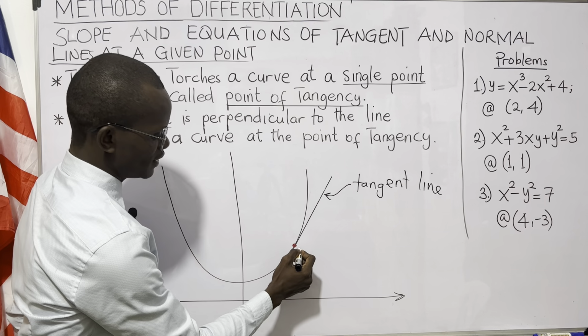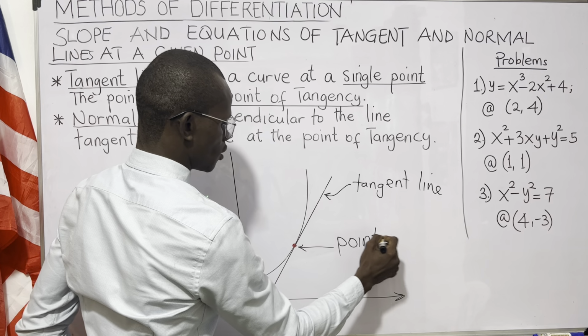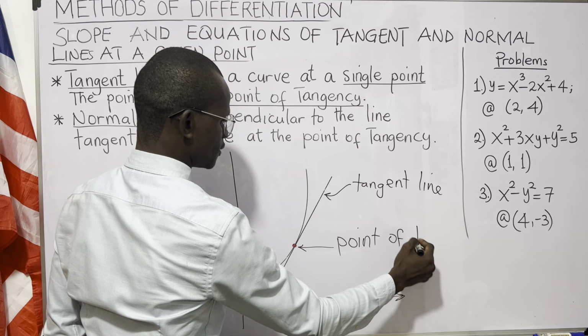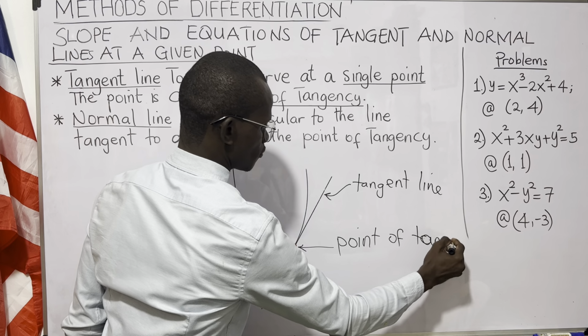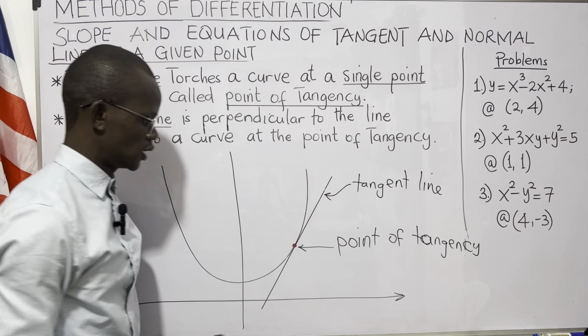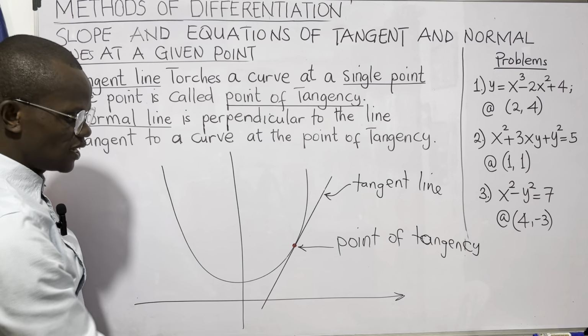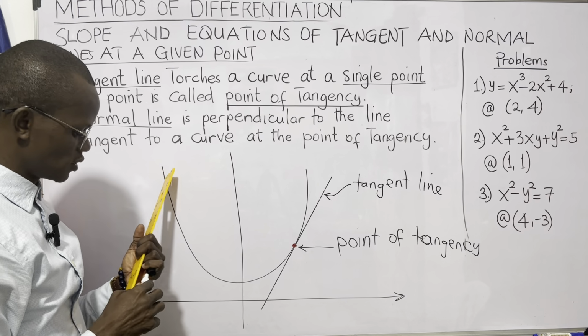And then this particular point is called the point of tangency. So this is a tangent line. It touches a curve at a single point.